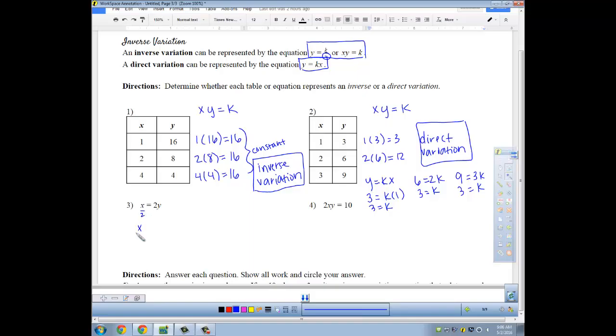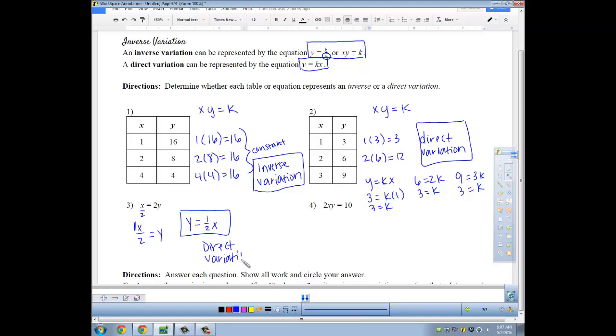So we get x over 2 equals y. But this x over 2 is actually the same thing as 1 half x. The reason for that is because there's that invisible 1 in front, so I can clearly see 1 half. Then I have this x. So this says y equals some number times x, which is what direct variation says. So this is direct variation.